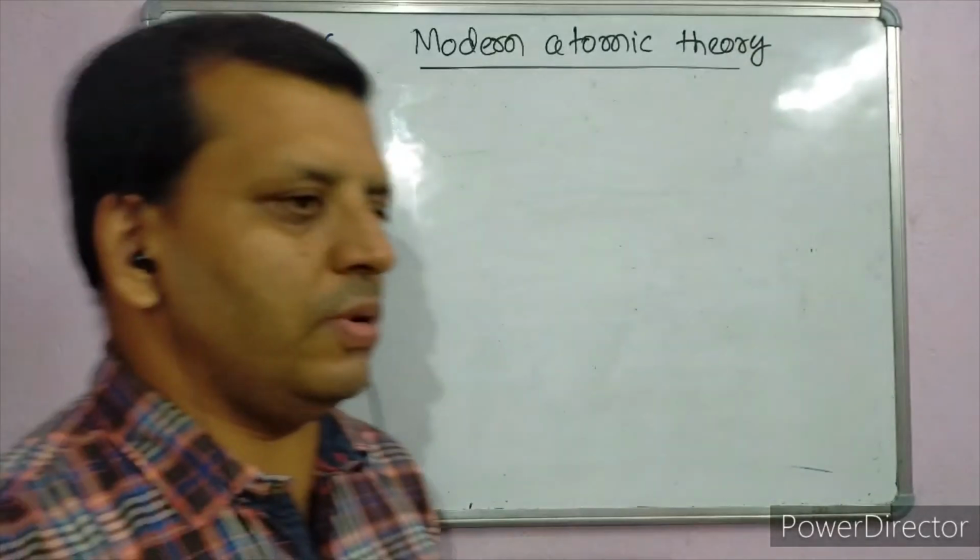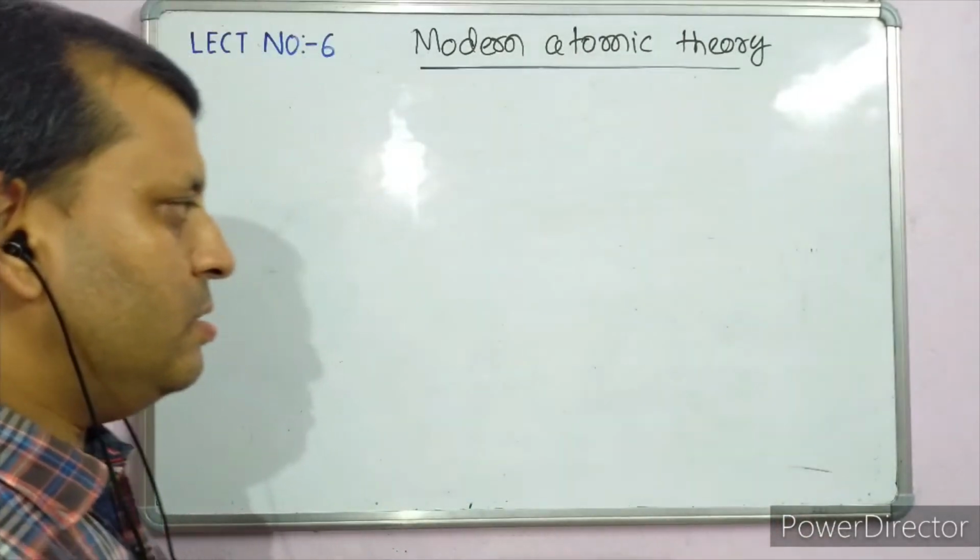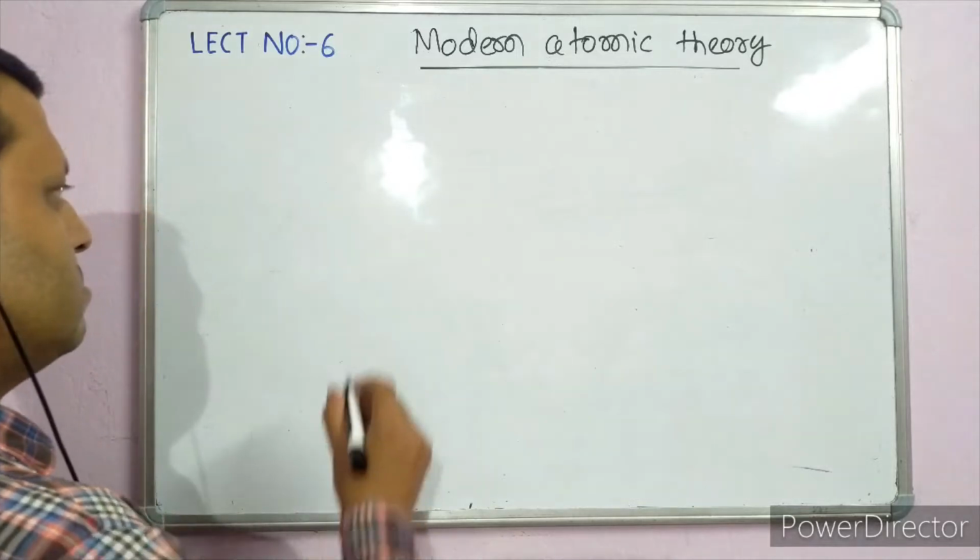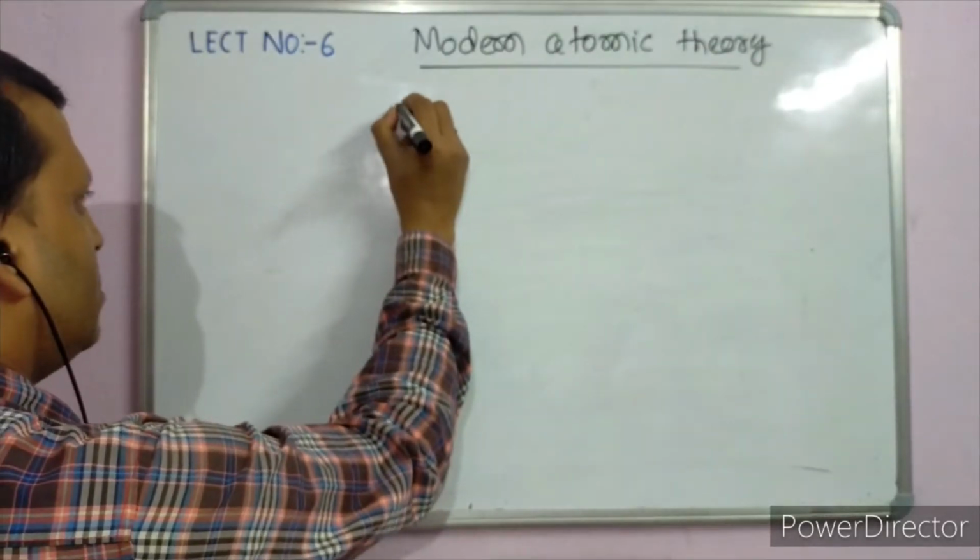Okay, so what is this modern atomic theory? Modern atomic theory is about the structure of an atom. What does the atom contain? The atom can mainly be divided into two parts.